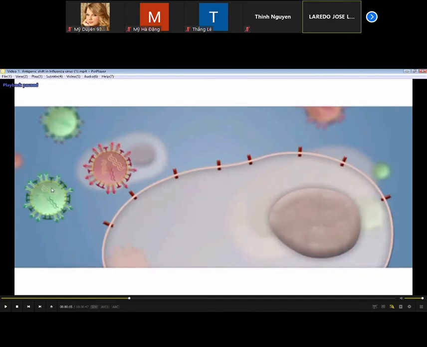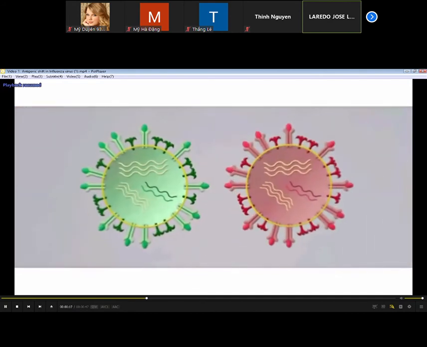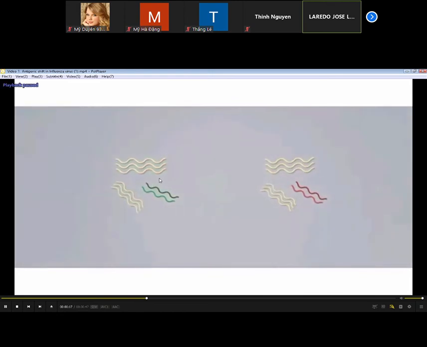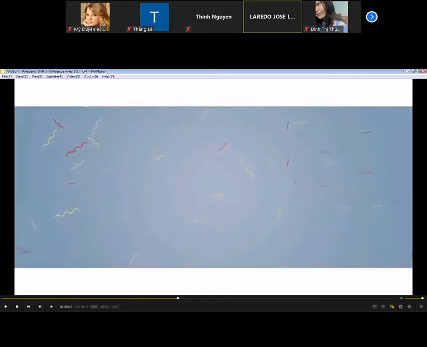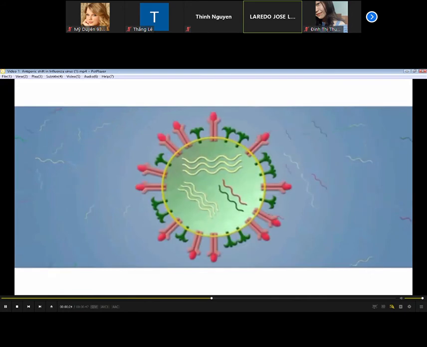The virus from the human and the virus from the chicken. They have 8 segments each one. And unfortunately, reassortments of segments appeared and a new strain was produced.